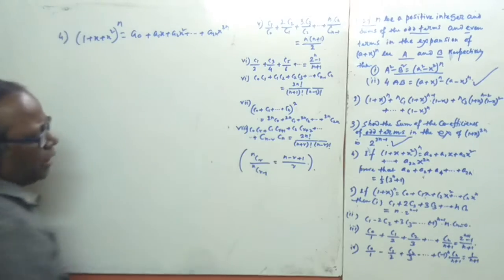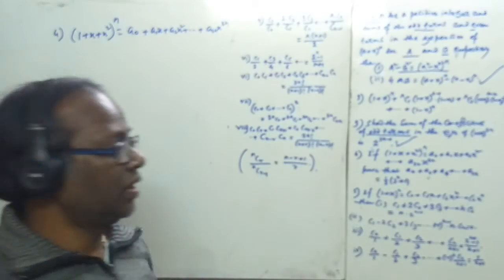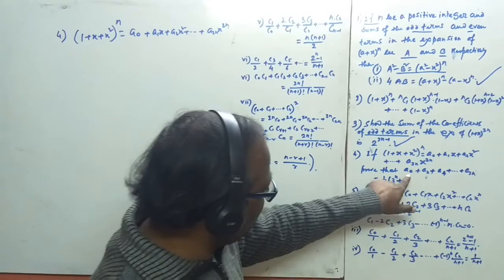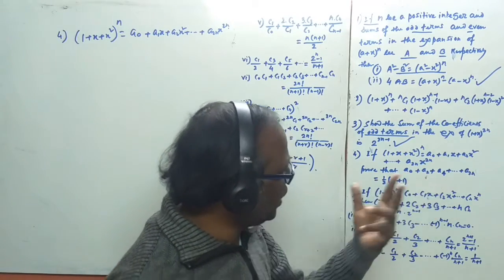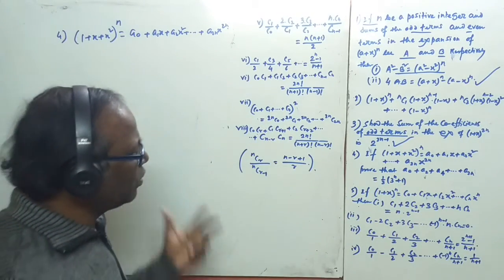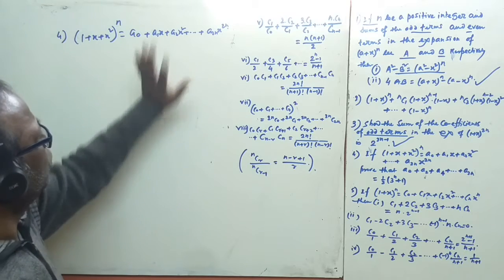Now see the suffixes a0, a2, a4, their gap is 2 here, so this is the suffix, 0, 2.